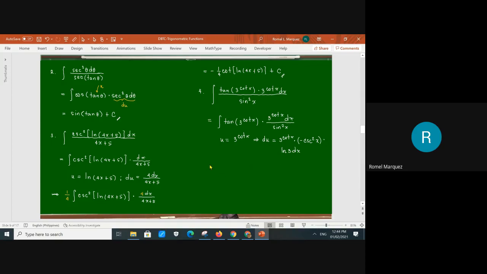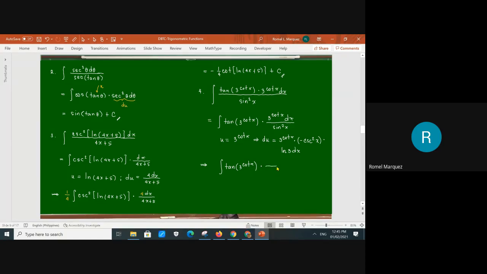So this integral now, I can have it as what? Because we are going to supply ln 3 here, together with the negative, and we know that 1 over sine squared is cosecant squared. So I will rewrite that into tangent of 3 to the cotangent x, and then I will be applying the correction factor, no?